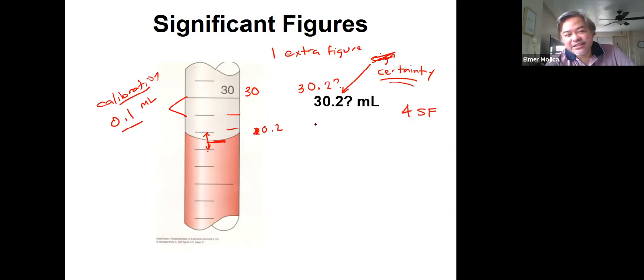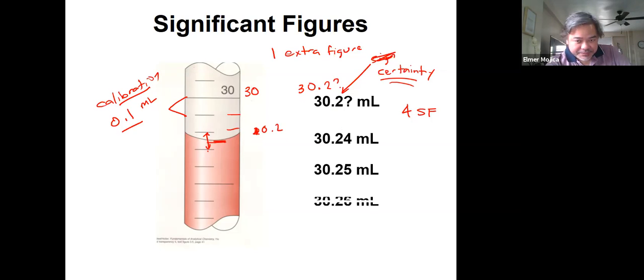So you have to estimate between these two here. You can write it like 30.24, 30.25, 30.26. But what information does it convey to you if you have a measurement like any of these?